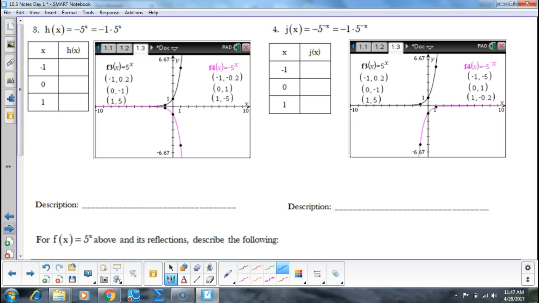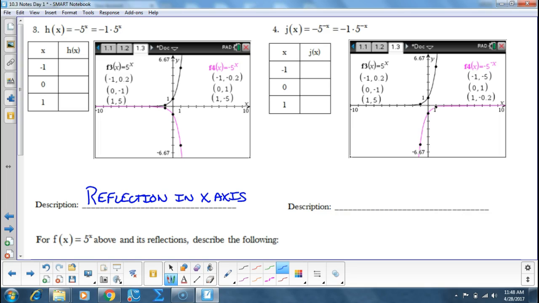On the third one, we took our exponential growth function, and by putting the negative sign out in front, it reflected it in the x-axis. In number 4, we did both.